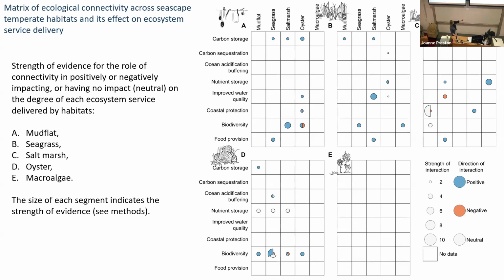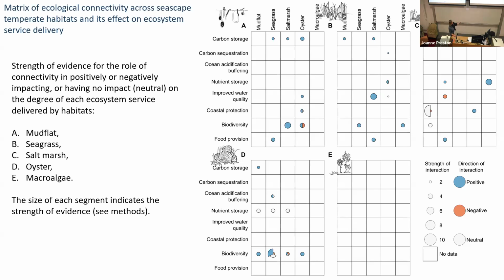If there's a dot in there, that means there's some data. If there's a blank square, there's no data. Huge knowledge gaps about the relationship between connectivity and ecosystem service delivery. If it's blue, it's a positive relationship. So it mostly enhances ecosystem service delivery, but that is context dependent.